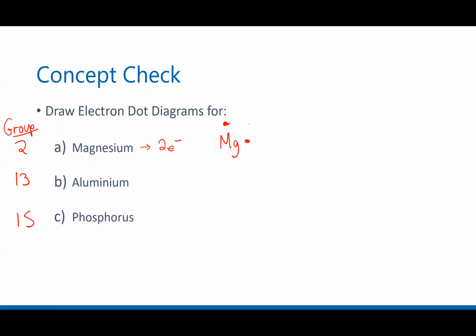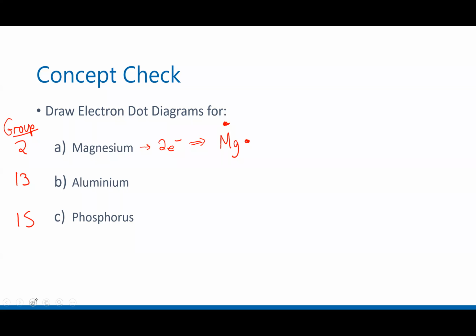This is magnesium. Now, this tells me a couple things. Using this information of the electron dot diagrams, I can tell that magnesium might form 2 bonds. I can tell that magnesium might be a 2+ cation. There's a lot of things that we'll learn from this as we go through chapter 3.